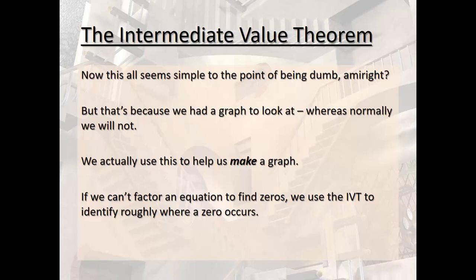It all seems kind of nonsensical when you have a graph there and you can easily see where it's crossing, but when you don't have a graph and you have to make a graph, the intermediate value theorem is going to help us find where some zeros are. If you plug in f of 1 and it's negative, and you plug in f of 2 and it's positive, you know that it's somewhere between 1 and 2, even though you don't have a graph.